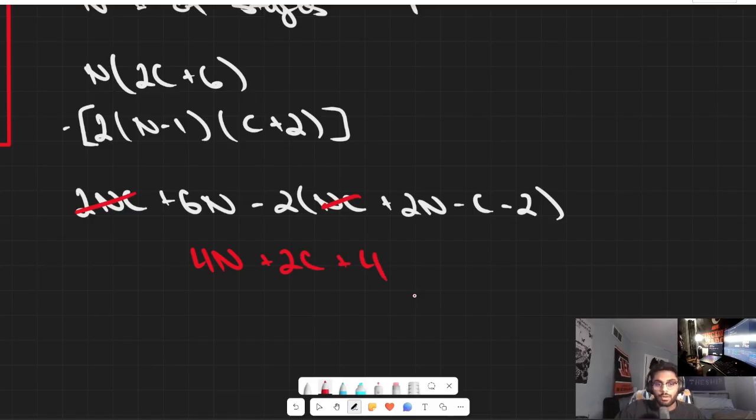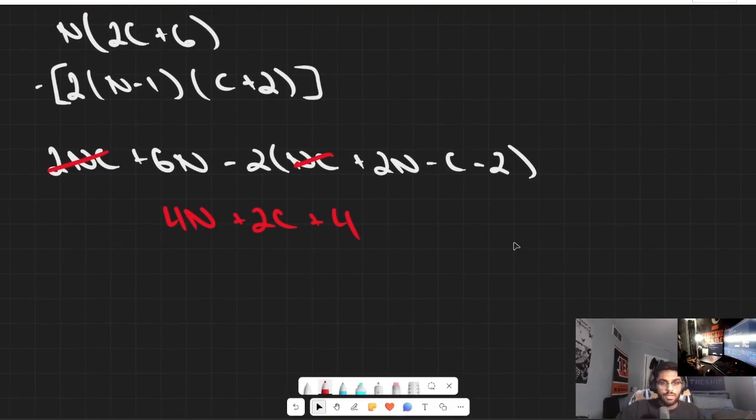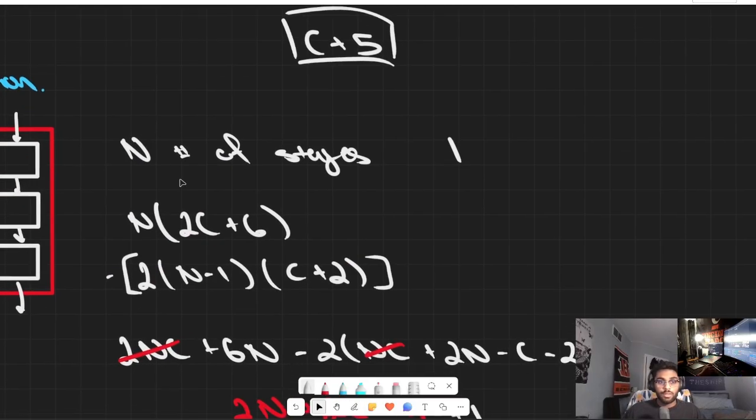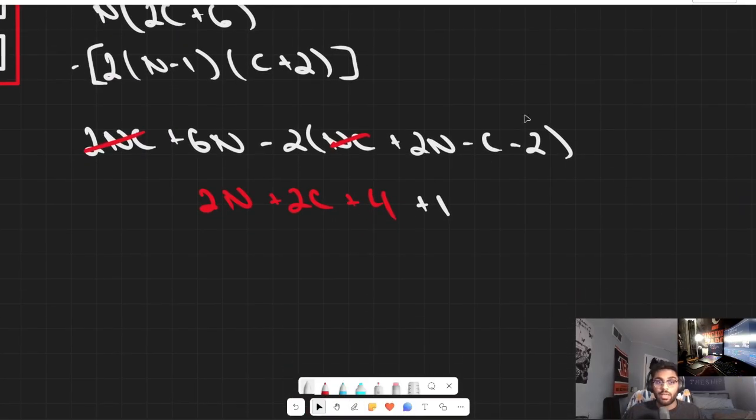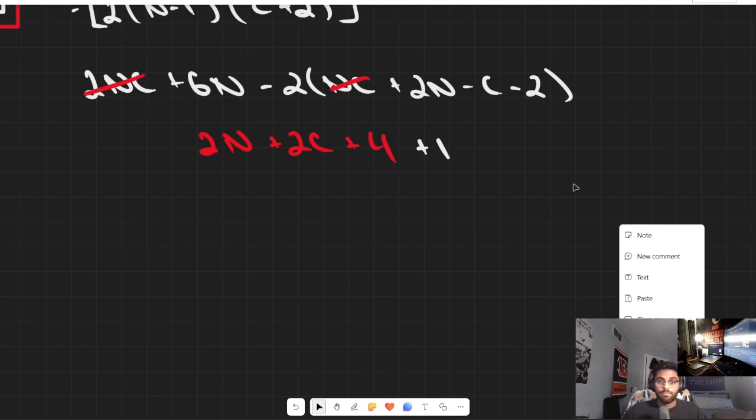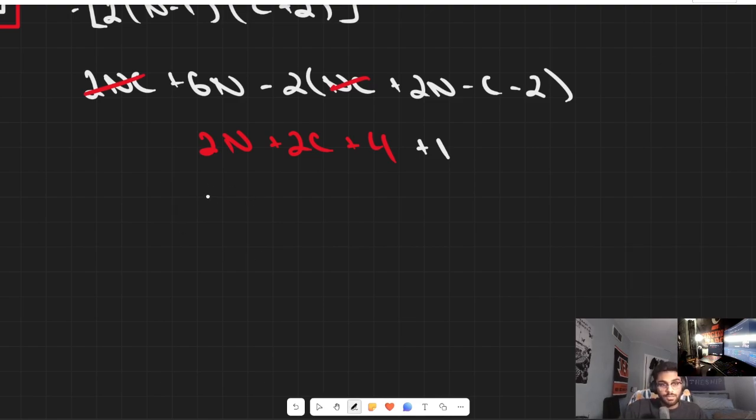Plus 4. Did I do that math right? 6n minus 4n, so 2n plus 2c plus 4. And then what we can't forget about is a plus 1 for the actual number of stages that we have. That's also a degree of freedom. So per section, we have 2n plus 2c plus 5 degrees of freedom.